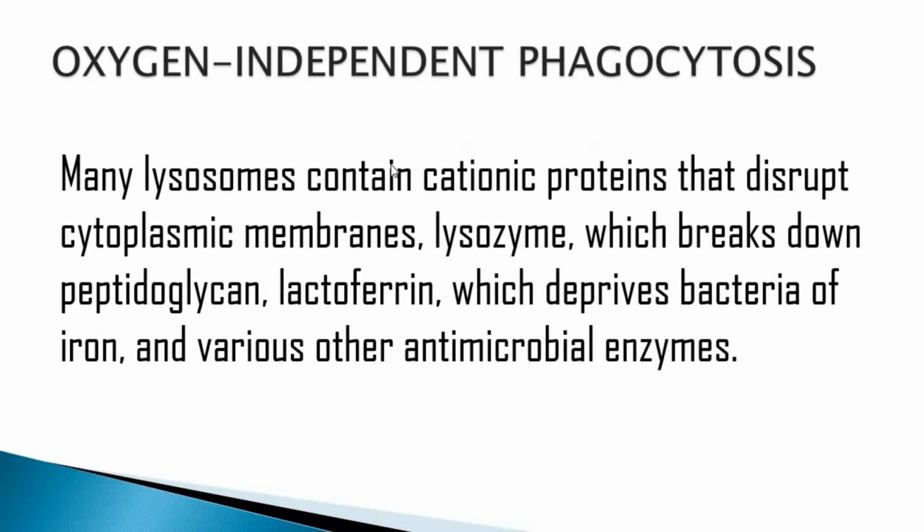For oxygen-independent phagocytosis, when the neutrophil internalizes the bacteria, enzymes called lysozymes that are present inside of the neutrophils are going to be injected into the bacteria, and that will disrupt the cytoplasmic membranes of the bacteria, which breaks down the peptidoglycan layer of the bacteria, and it will die. So those are the two types of phagocytosis by neutrophils.